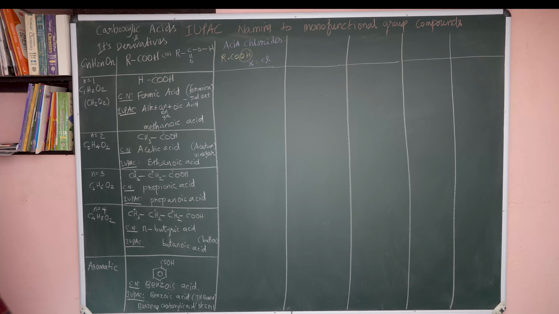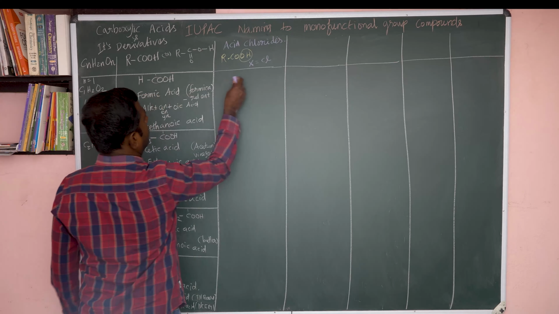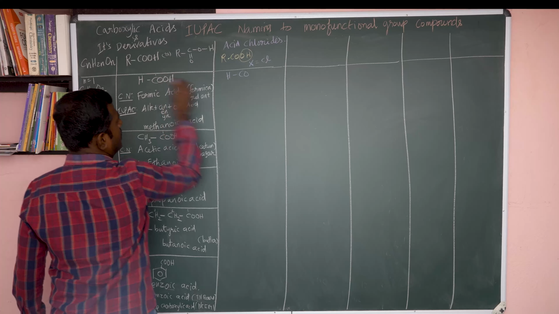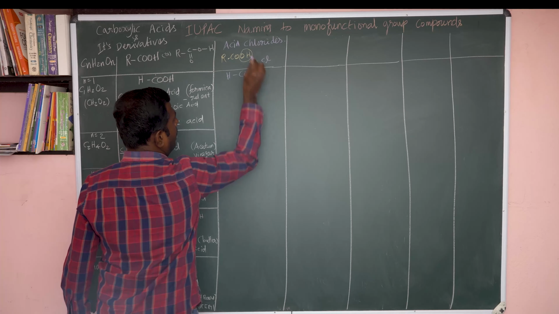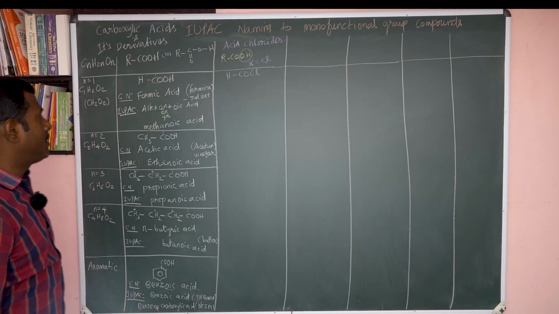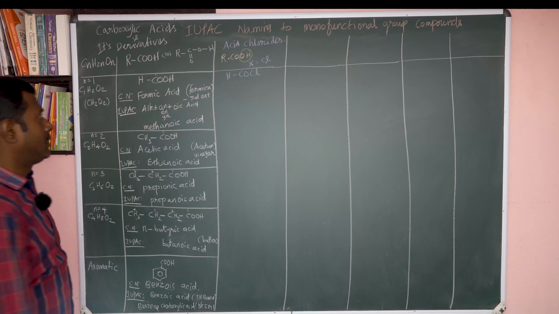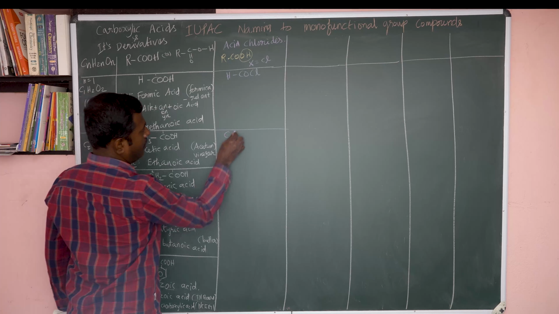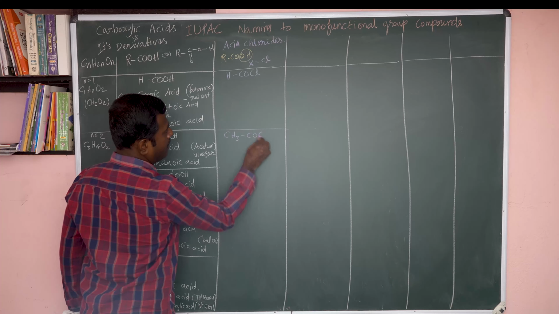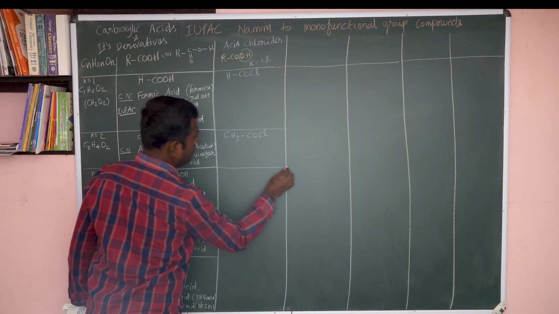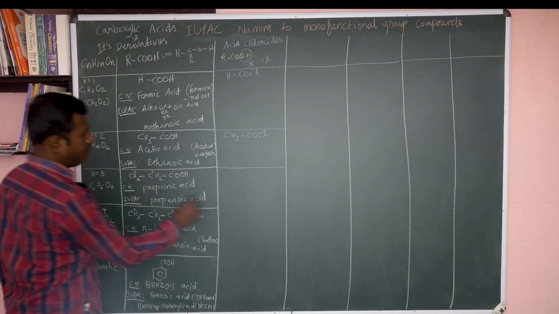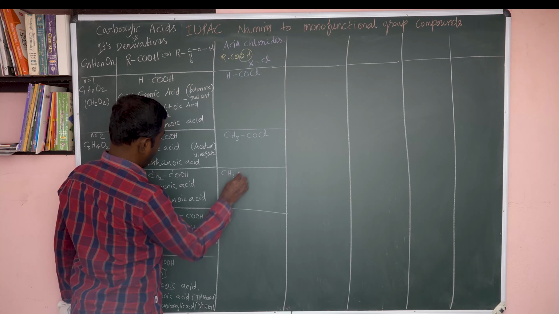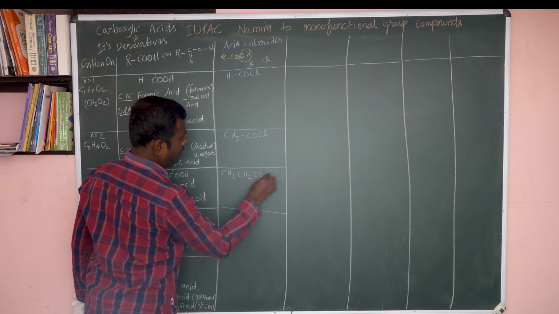Okay, right. So HCOOH, formic acid. Instead of this OH group, I add what? Cl. The OH group is replaced by Cl. In acetic acid also, the OH group is replaced by Cl. In propionic acid also, the OH group is replaced by Cl.